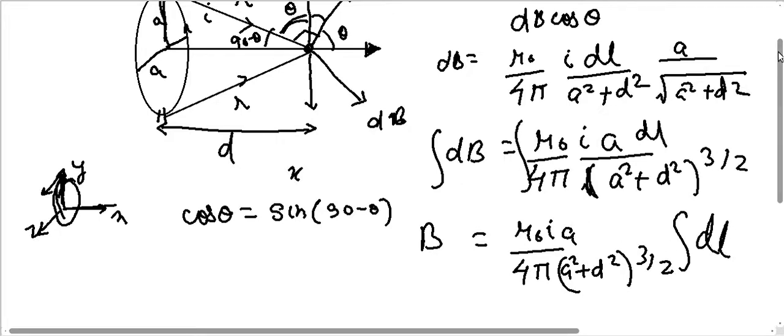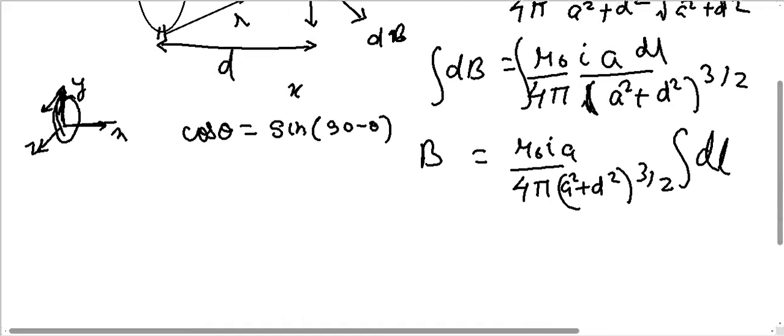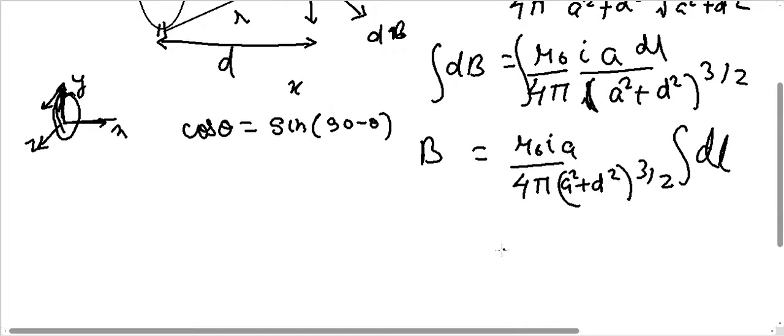Now, again same method, because dl is a small element in the circular loop, if I integrate all the small elements dl, I will get L. Integration of dl is L, and the total length of a circular wire is nothing but the circumference of a circle, which is 2 pi a. So I will erase this dl and replace it by 2 pi a.